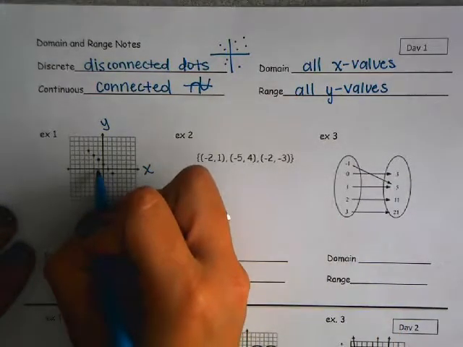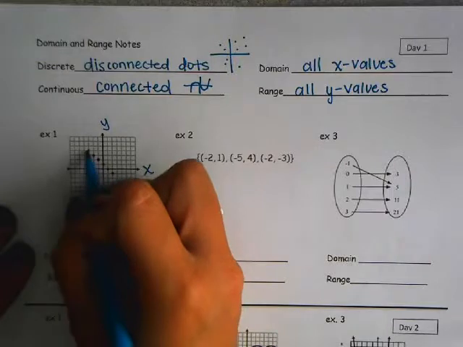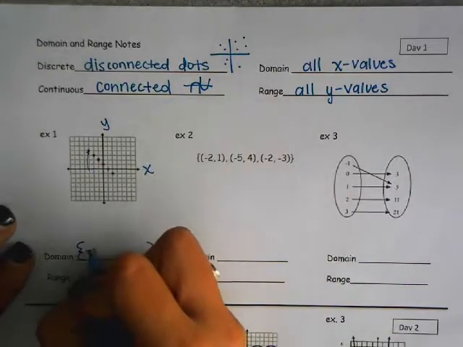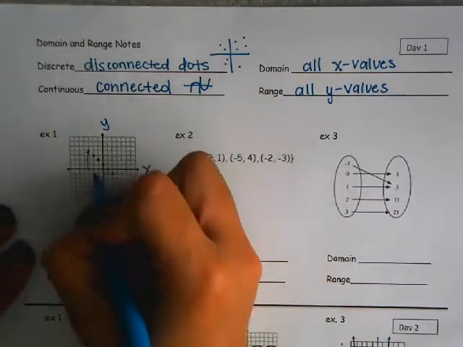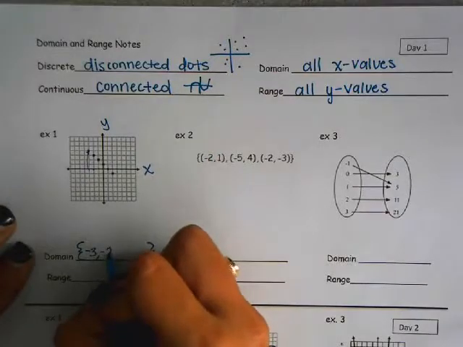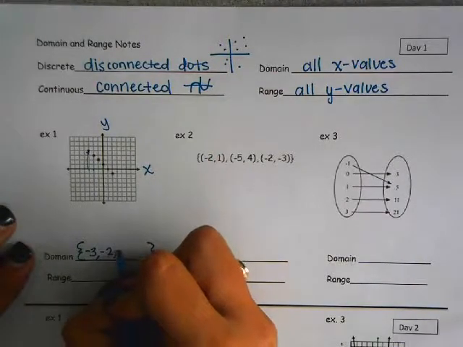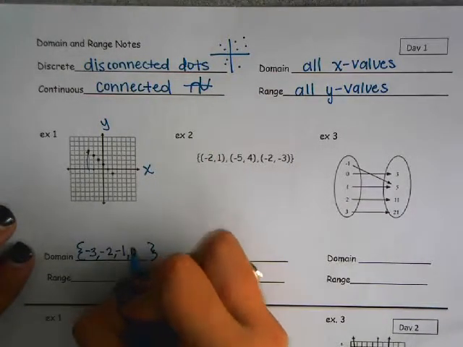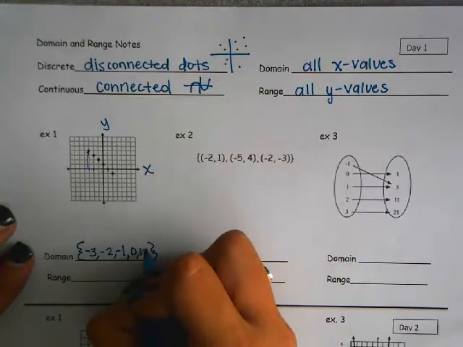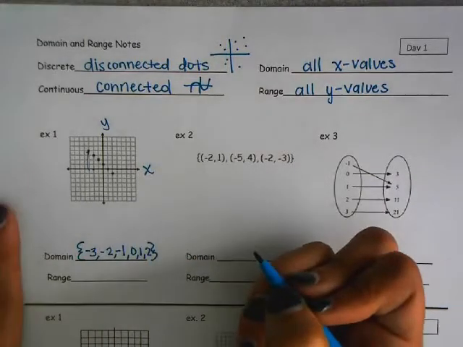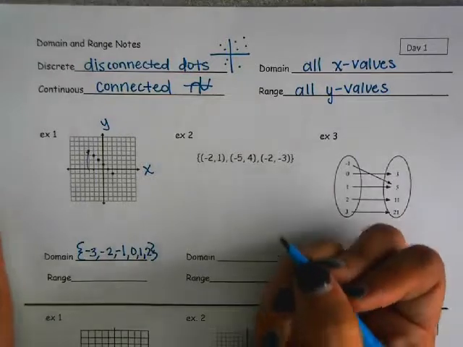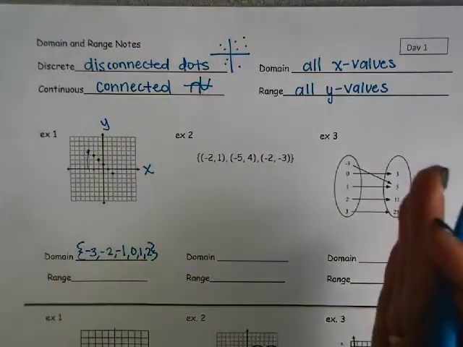So if I go over, my first point is -3. Okay, this is -2, -1, 0, 1, and 2. All right, notice how they're in order from least to greatest.